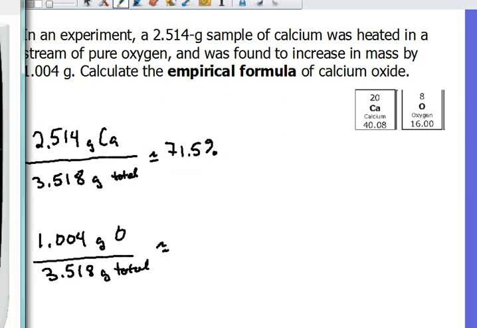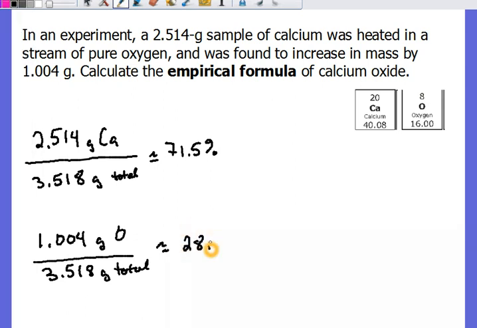So you can say 1.004 divided by your total of 3.518 and multiply by 100, and you end up with 28.5%. So that's the percentage from calcium and from oxygen. If you assume a 100 gram sample, then that's 71.5 grams of calcium and 28.5 grams of oxygen.